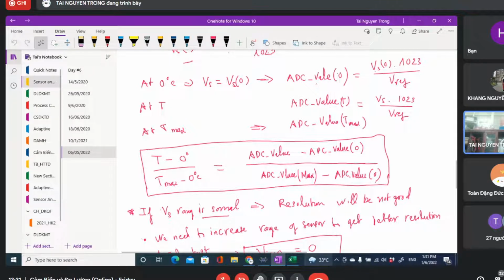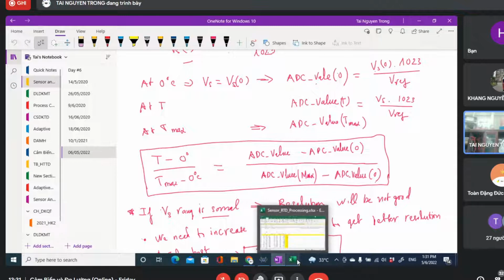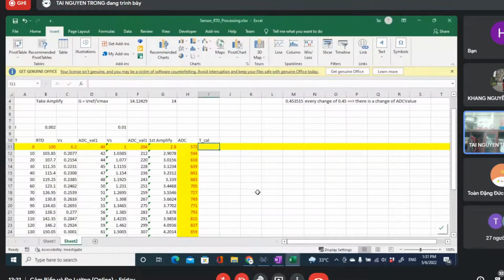Okay, and in this case, I will retake the calculation for X to check for the linear relationship equal to the request ADC value.